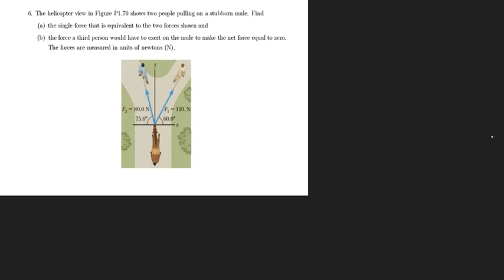We're told to find (a) the single force that is equivalent to the two forces shown, and (b) the force a third person would have to exert on the mule to make the net force equal to 0. The forces are measured in newtons. So we can get to solving the first question.